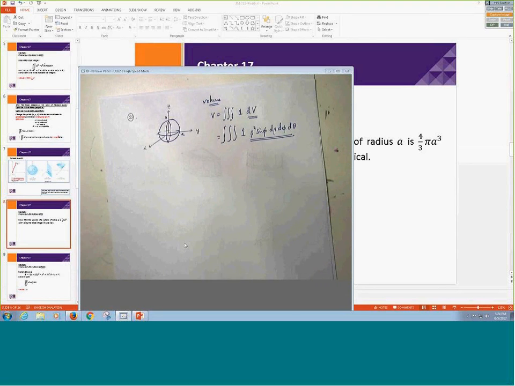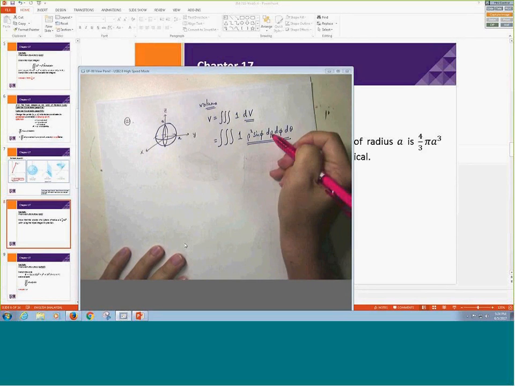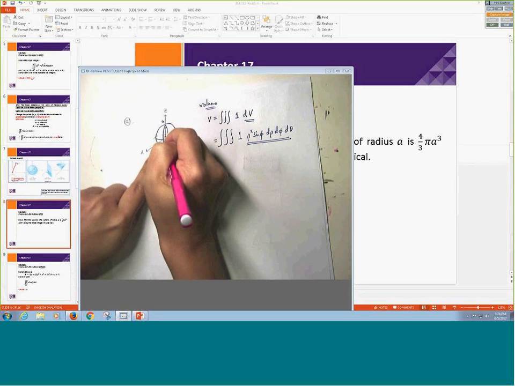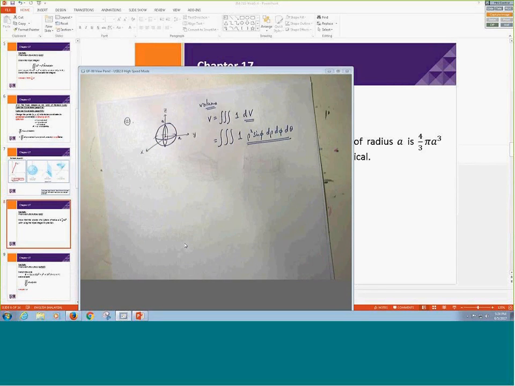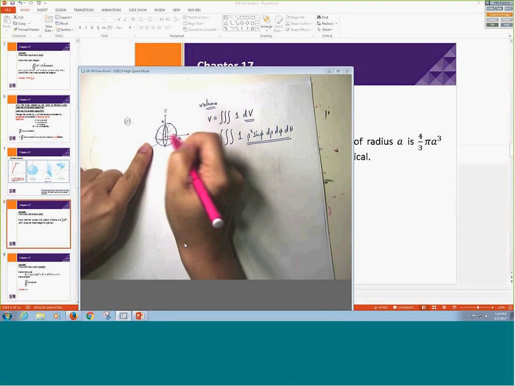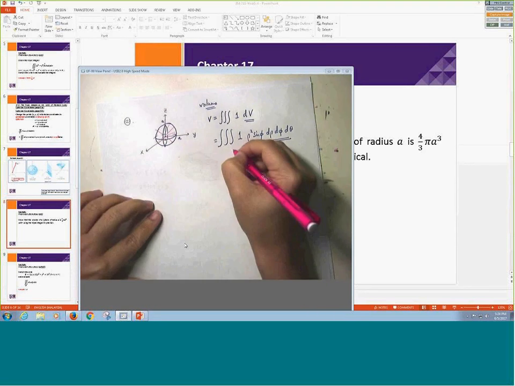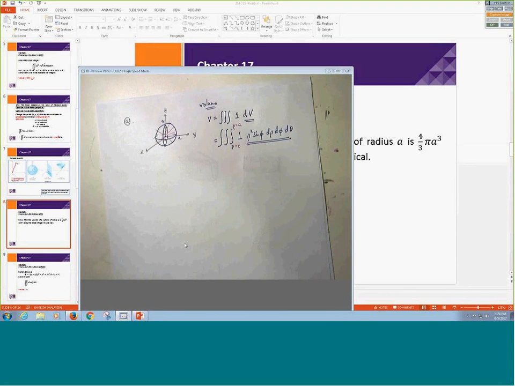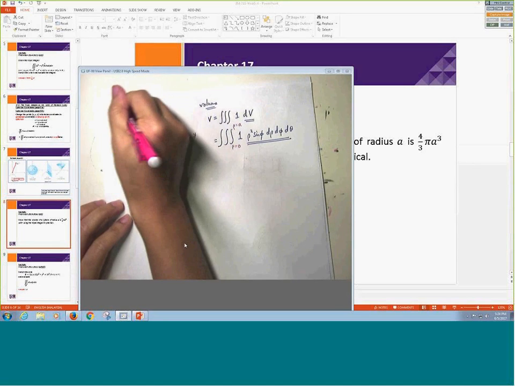So now we want to determine the limits of integration. This is for rho. Rho is the distance from the origin. You will find that for the sphere, whatever the surface from the origin, it will always be A. So rho is from 0 to A. Phi is measured from the z-axis, and you will find that it can be at maximum from 0 to pi.